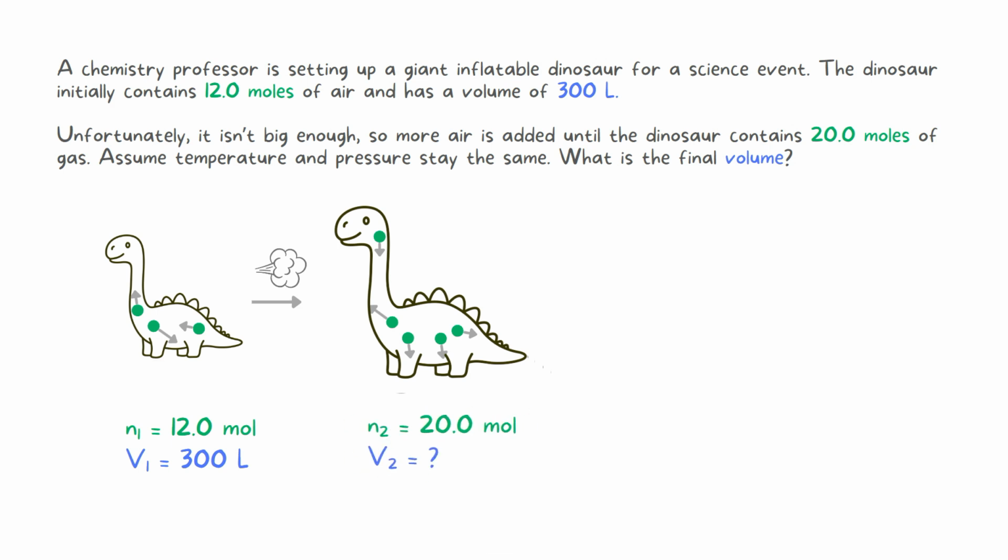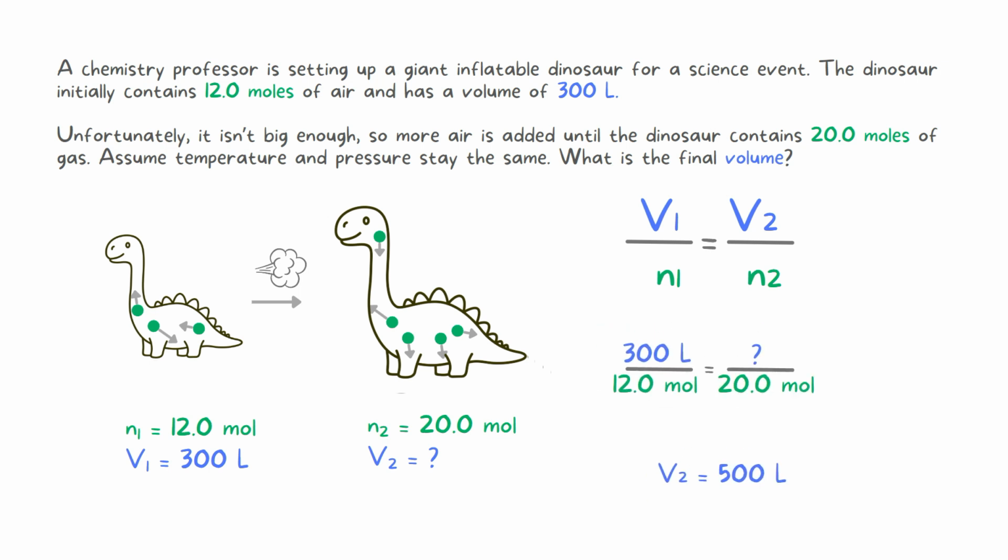This is a direct relationship, so we can use the equation V1 over N1 equals V2 over N2 to solve this problem. I'm going to plug in all my variables and solve for V2, and I get 500 liters. And that should make sense because if we add more gas to an inflatable, it's going to inflate more and it's going to expand and the volume will get bigger.